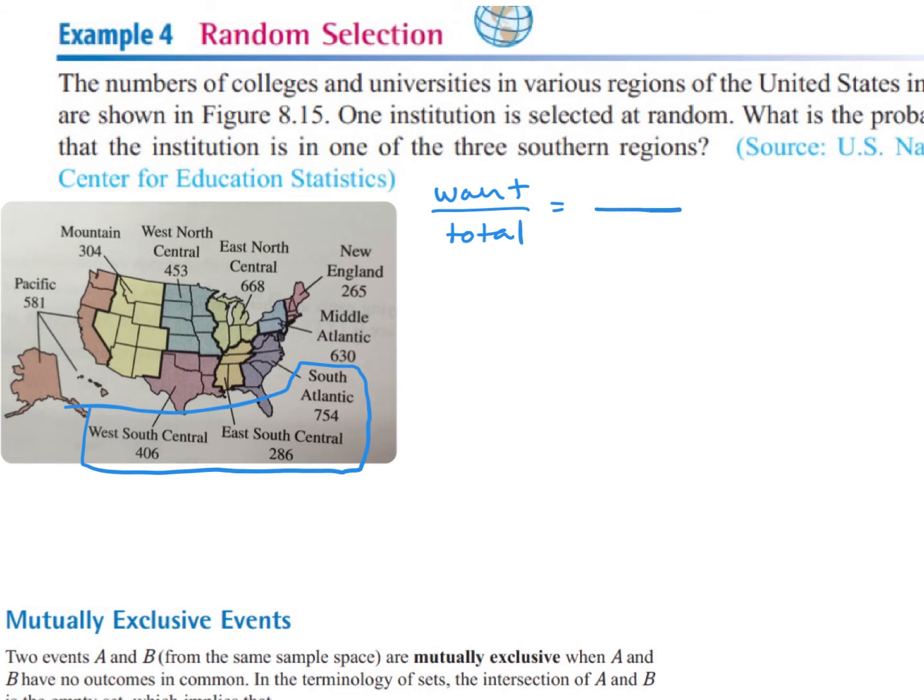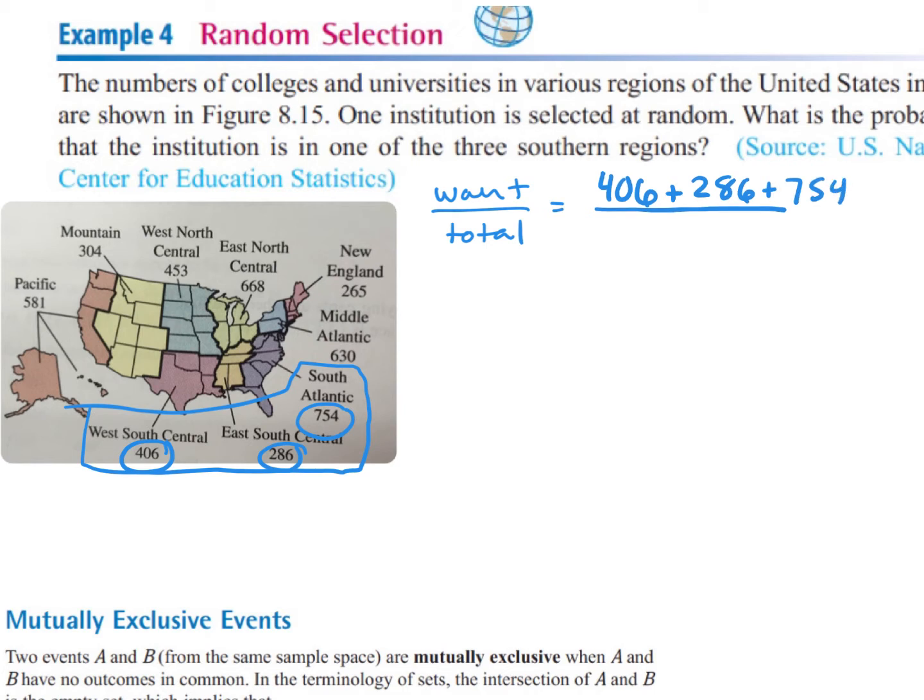So what would go on top of our fraction? It gives us the number of colleges, so we have to add all of them: 406 plus 286 plus 754.